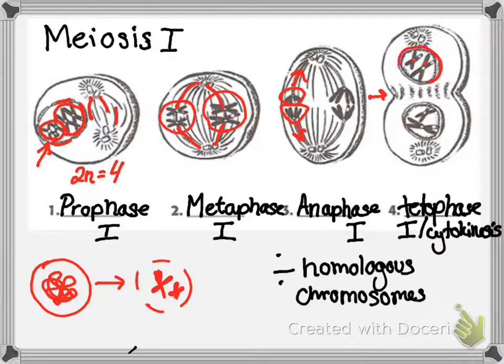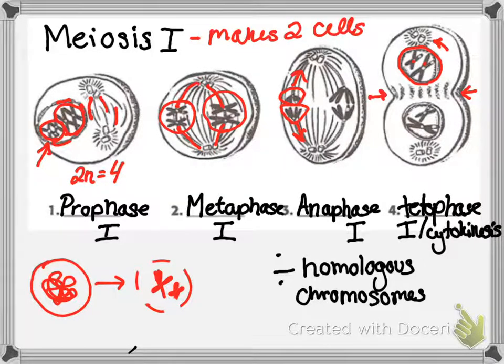The nucleus reforms, and notice we no longer have a spindle. Then in cytokinesis, that's when we divide the cell in 2. In this case, this animal cell is going to pinch in 2, and we end up with 2 cells. So meiosis 1 makes 2 cells.